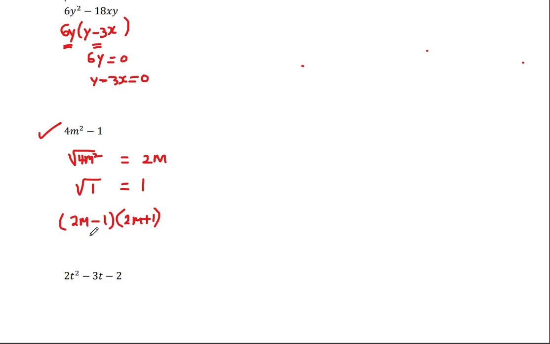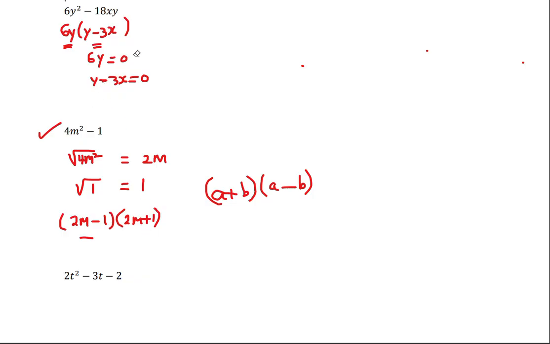Then we write one factor as this expression minus 1 in brackets, and the second factor as this expression plus 1, which is consistent with the generalized form for differences of two squares that I indicated earlier, a plus b into a minus b. And those are the factors. The factors of 4m squared minus 1 are 2m minus 1 into 2m plus 1.